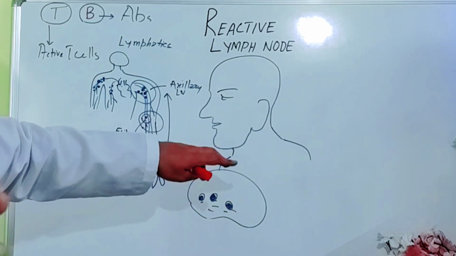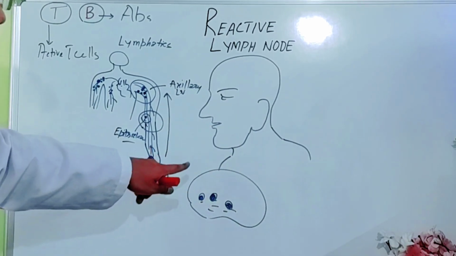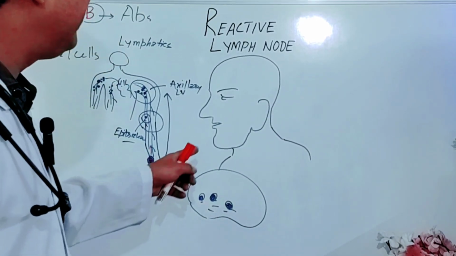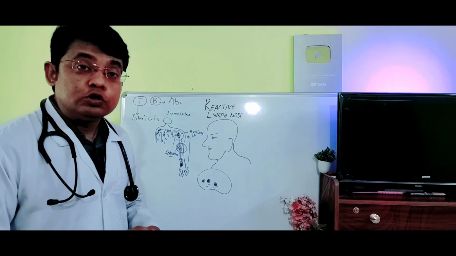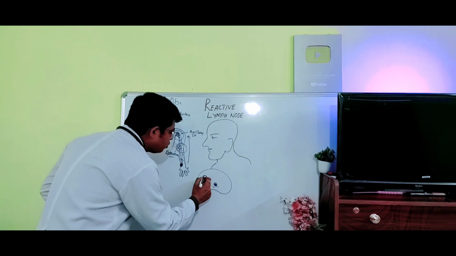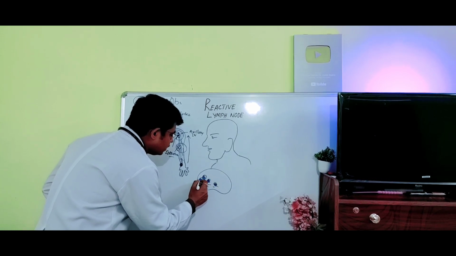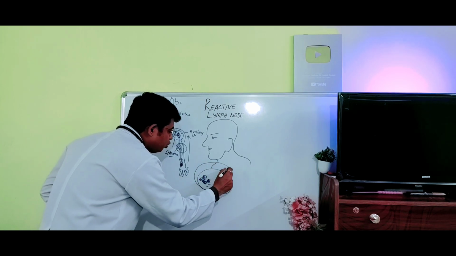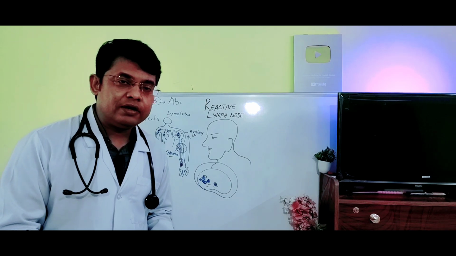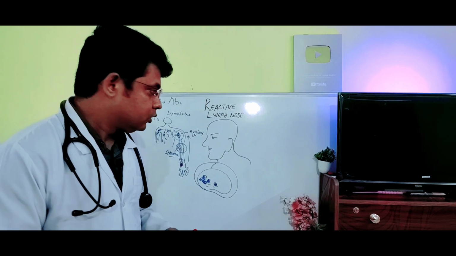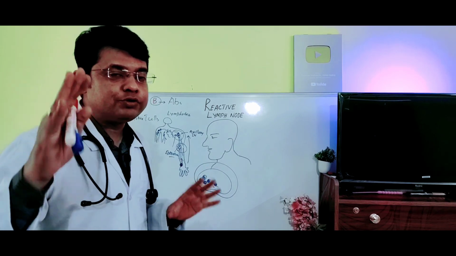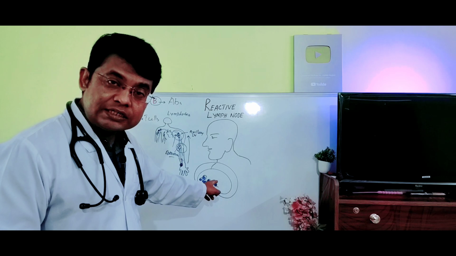The number of lymphocytes will increase within the activated lymph node. There will be more and more lymphocytes, and that will make the lymph node enlarge. So normally a lymph node is not palpable, but when it is subjected to any kind of threat, then that lymph node is activated.